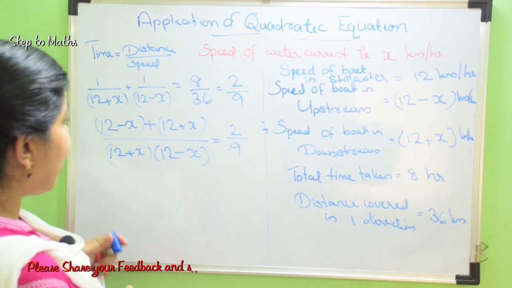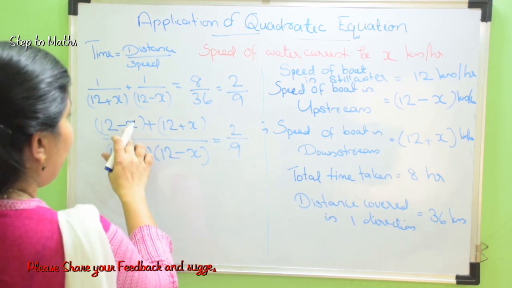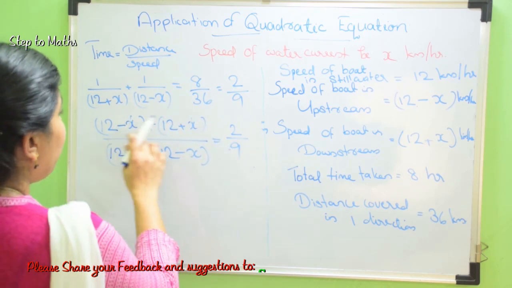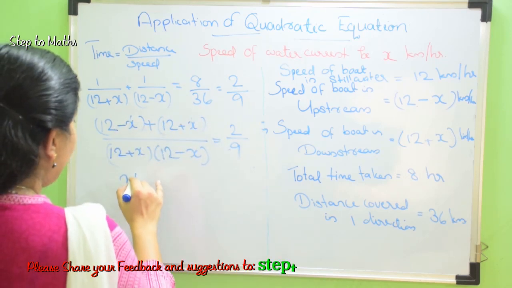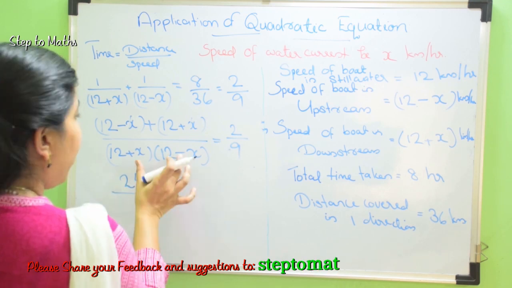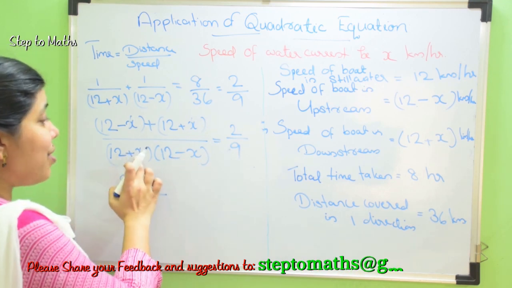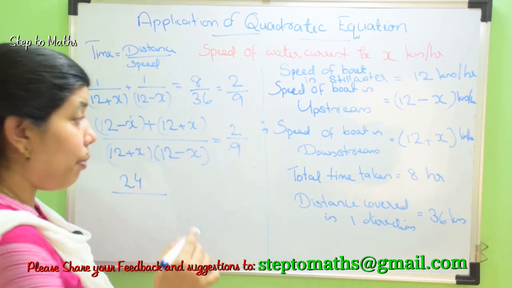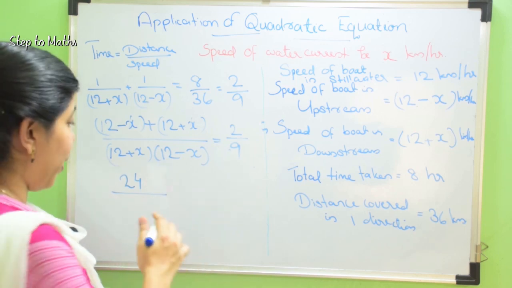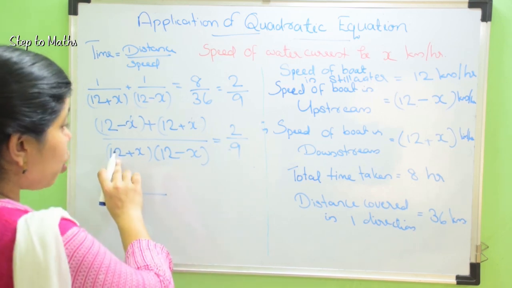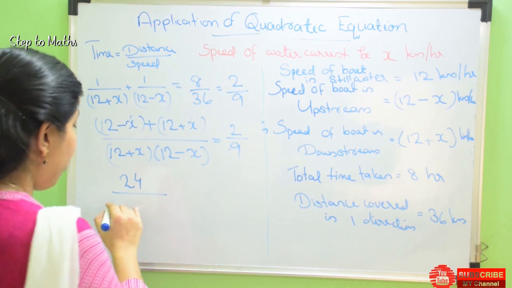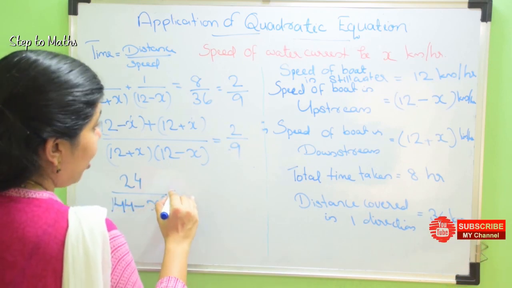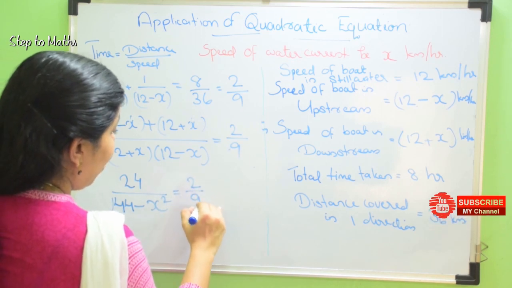12 minus x plus 12 plus x. Minus x and plus x are cancelled. 12 plus 12 is 24. And the denominator becomes 12 plus x into 12 minus x. A plus b into a minus b form, that means a square minus b square. Here a is 12. Square of 12 is 144. So 24 over 144 minus x square equal to 2 by 9.